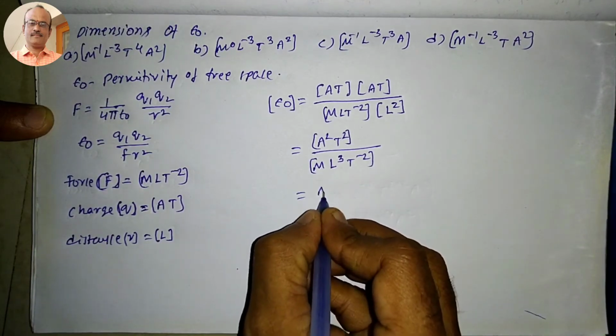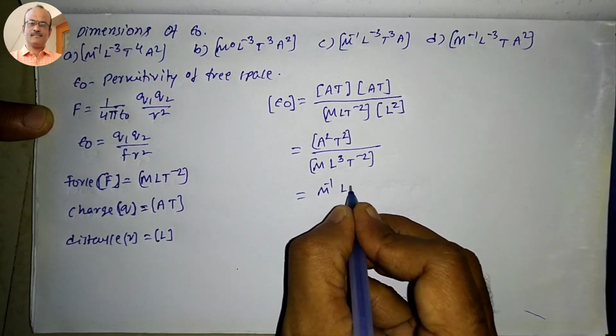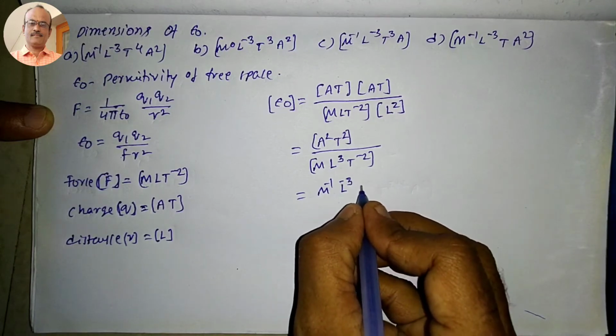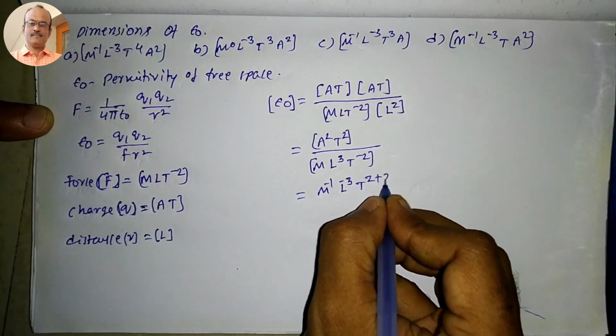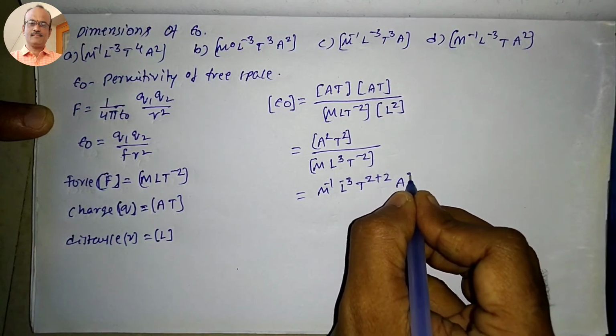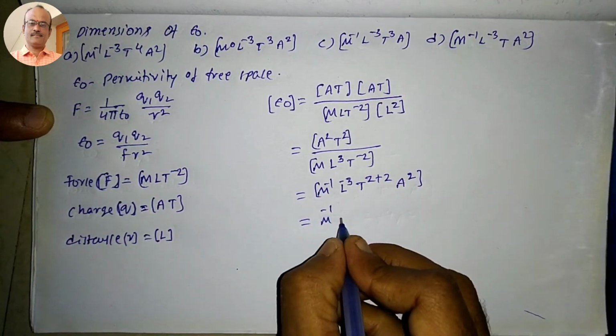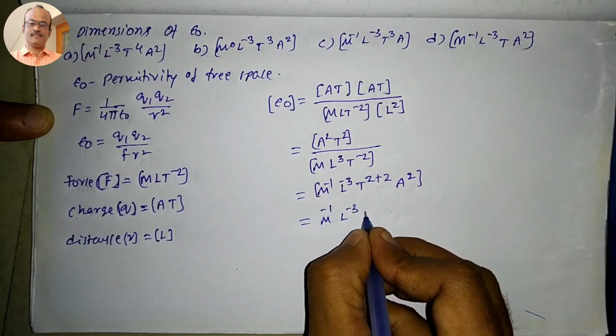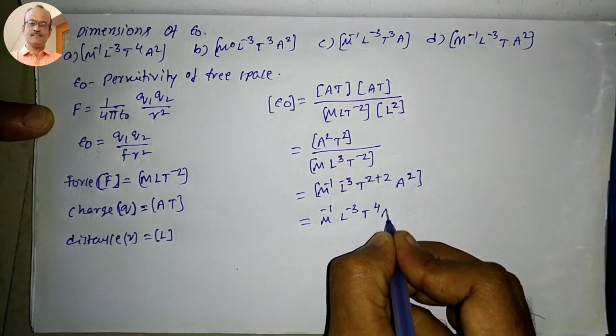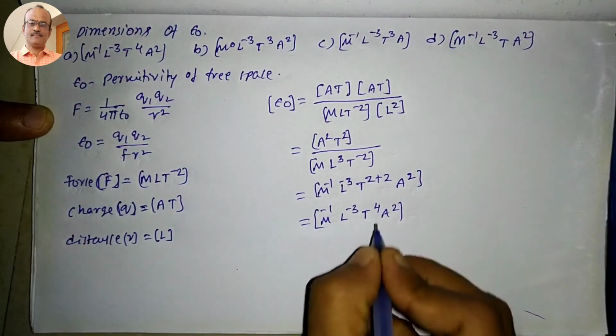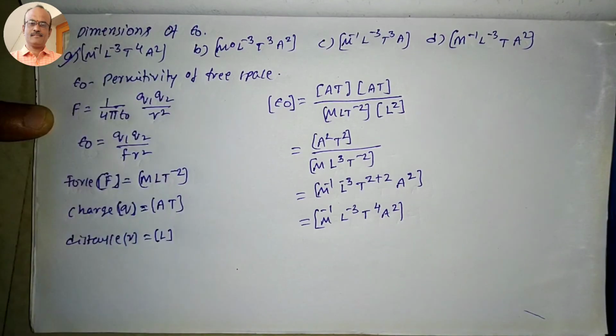Now here M to the power of minus 1, L to the power of minus 3, T to the power of plus 2, A to the power of 2. So here final answer is M to the power of minus 1, L to the power of minus 3, T to the power of 4 and A square. So which option is correct here? Option A is correct.